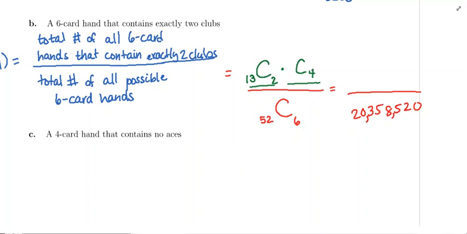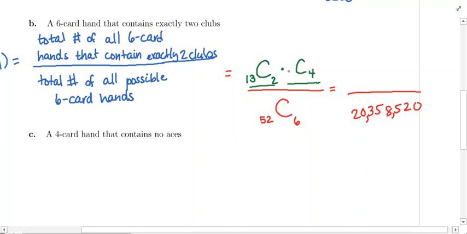If you add up the number of cards in those 3 suits, that's 13 times 3, that's 39. So the 39 remaining cards are from the hearts, the diamonds, and the spades. From that group of cards, you're going to be selecting the 4 remaining. So the numerator here is going to be 13 choose 2 times 39 choose 4.